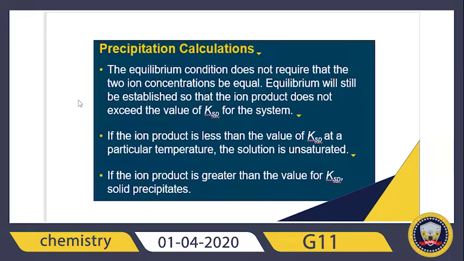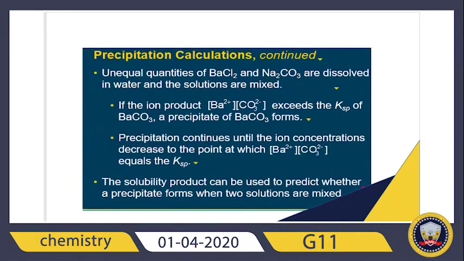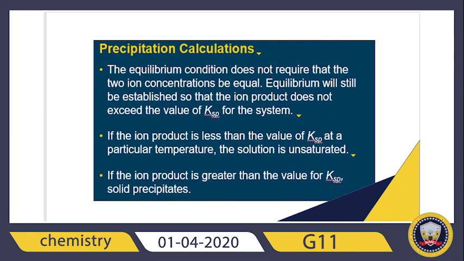Barium carbonate will dissociate according to the following equation: barium carbonate will dissociate to give us 1 mole of barium cation and 1 mole of carbonate anion. So 1 mole of barium carbonate will dissociate into 1 mole of barium ions and 1 mole of carbonate ions. So the concentrations of the two ions, the barium cation and the carbonate anion, are equal.